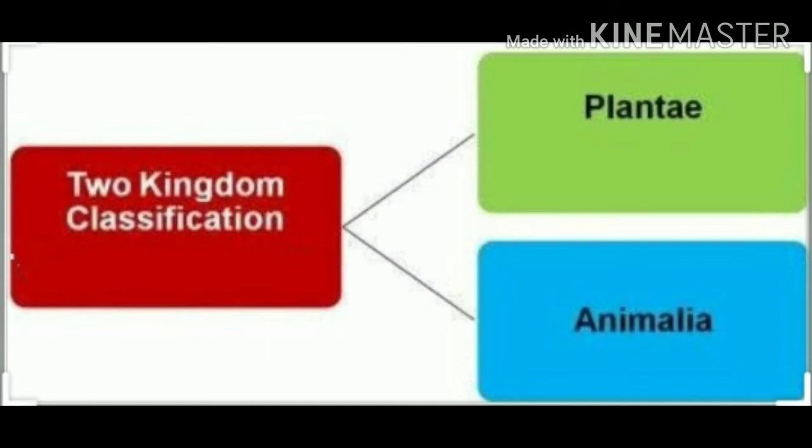He divided the living world into two kingdoms, kingdom Plantae and kingdom Animalia. Depending on their characteristics, the living organisms were placed under either kingdom Plantae or kingdom Animalia.